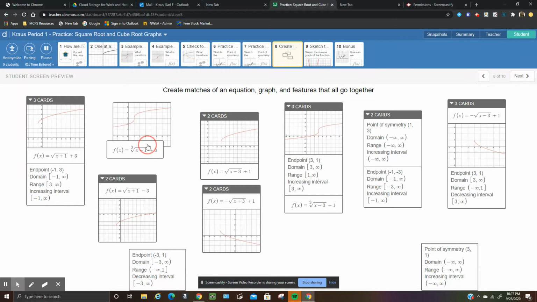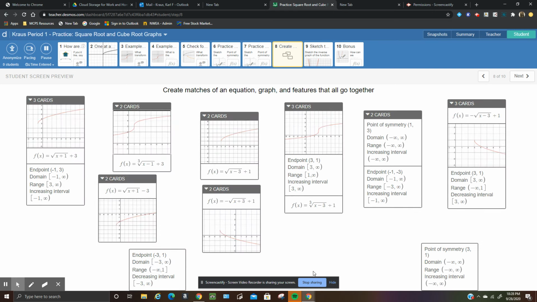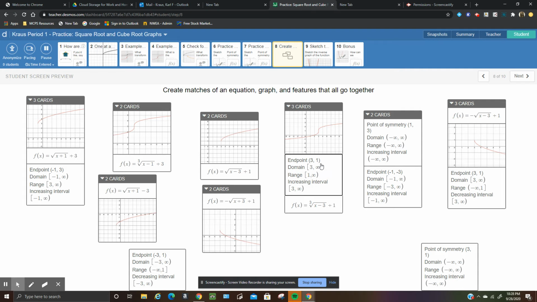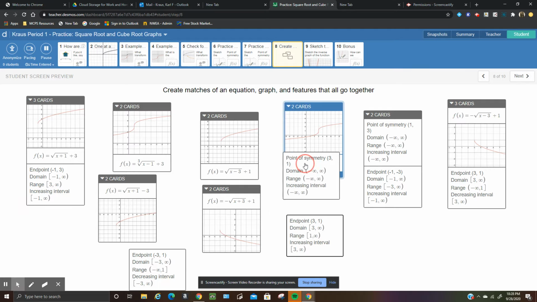This goes here. 0 symmetry 3, 1. Let's get this off of here. I thought I had this in the right place. I did.